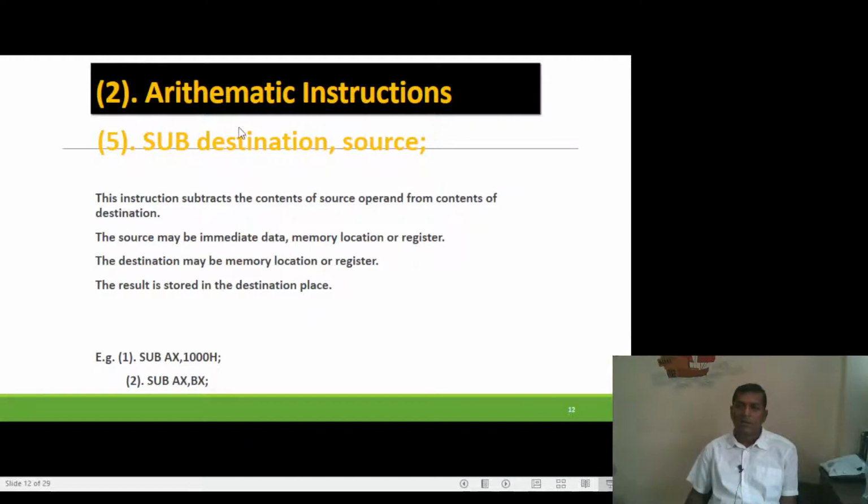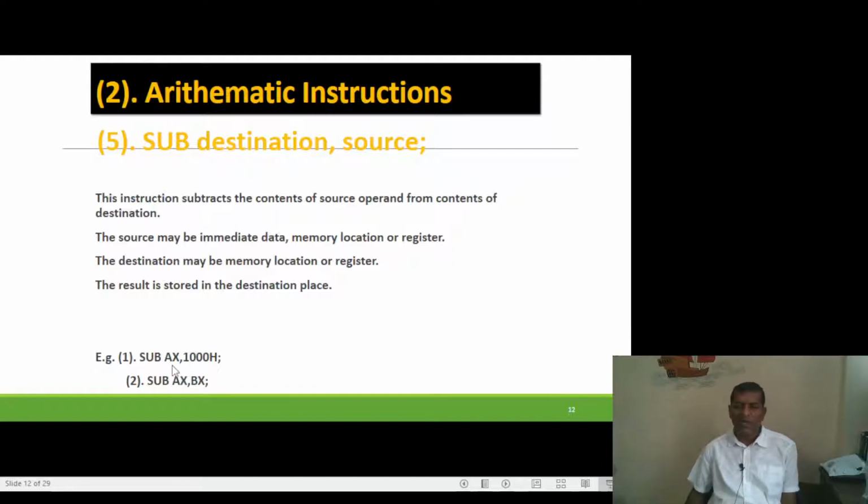SUB destination comma source. This instruction subtracts the contents of the source operand from the contents of the destination. The source may be immediate data, a memory location or a register. The destination may be a memory location or a register. The result is stored in the destination place.